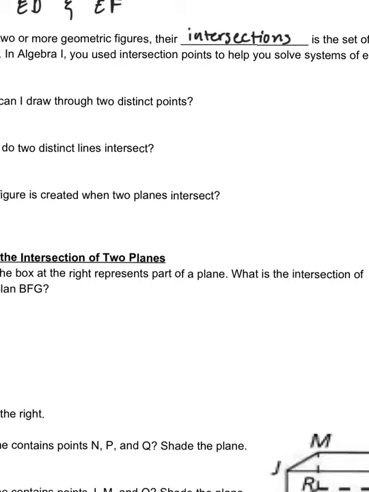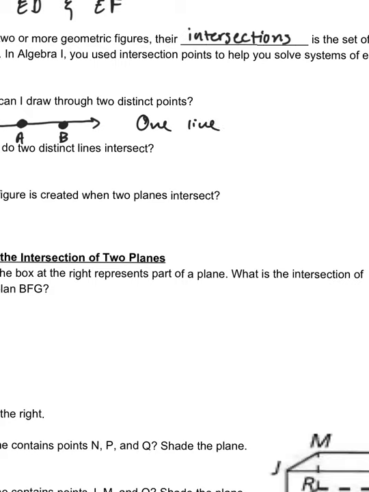It says, how many lines can we draw through two distinct points? So let's say we have 2 points right here, we'll call them A and B. Well, how many lines can we draw through those 2 points? Just one, right? So only one line can go through 2 points. All right.